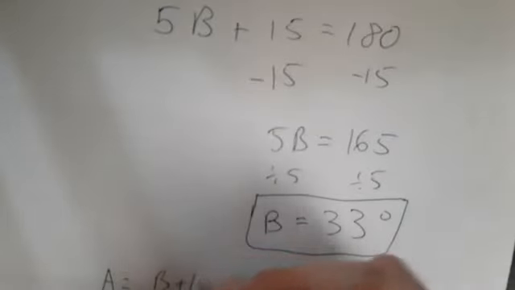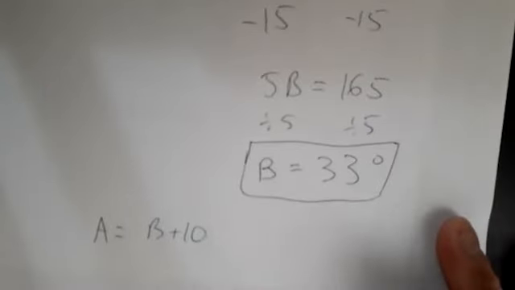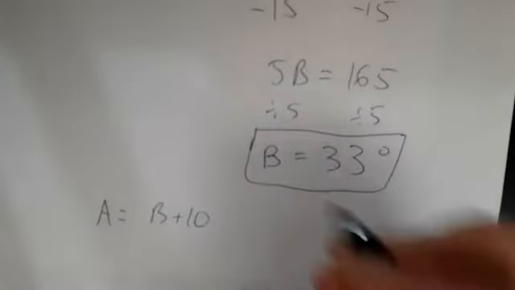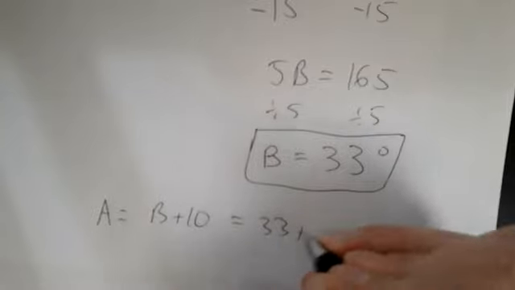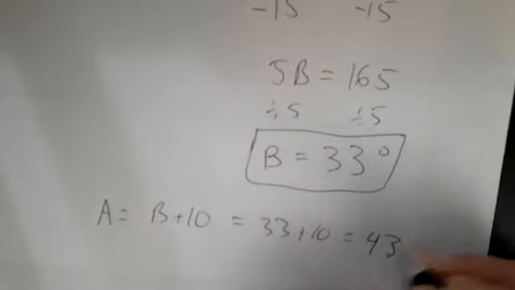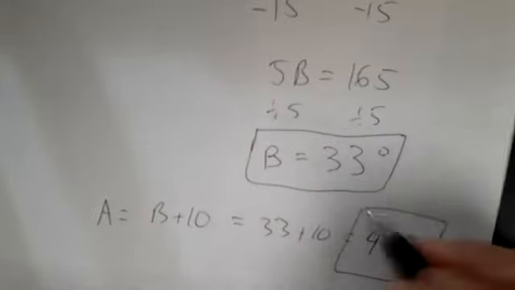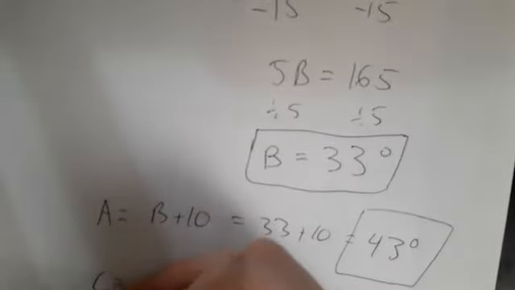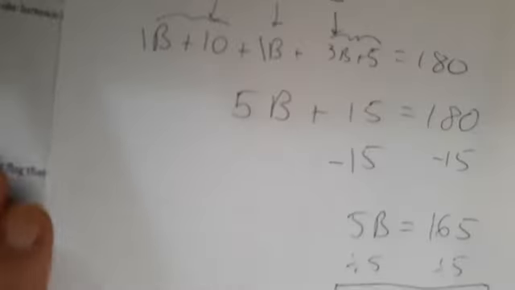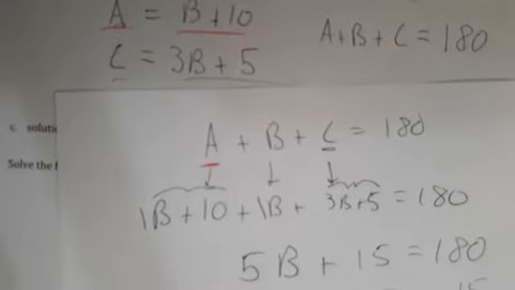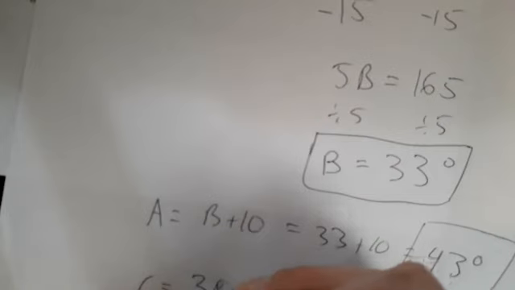So how do we find A? Well, A's got this nice B plus 10 thing we can plug into. If A is B plus 10, then A is going to be 33 plus 10, which is 43 degrees. The other one, C, we had this nice little formula, 3B plus 5.